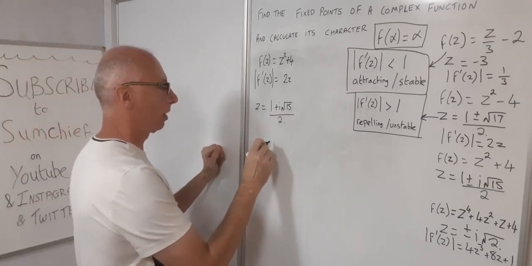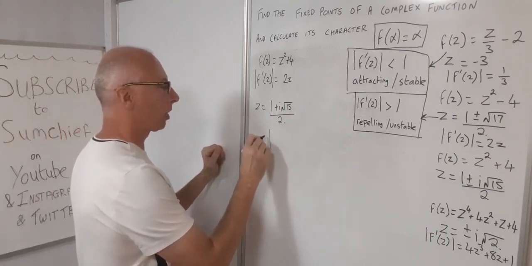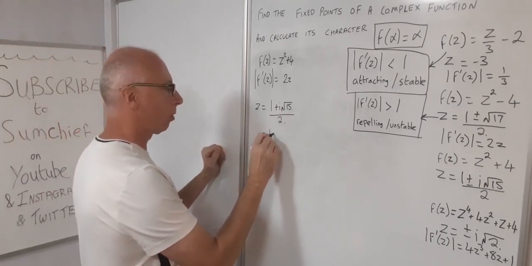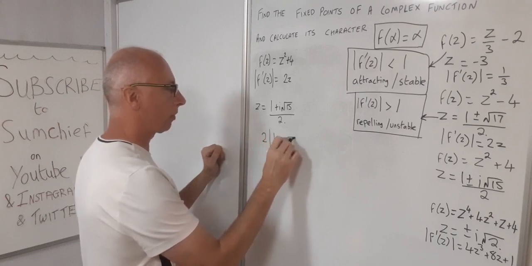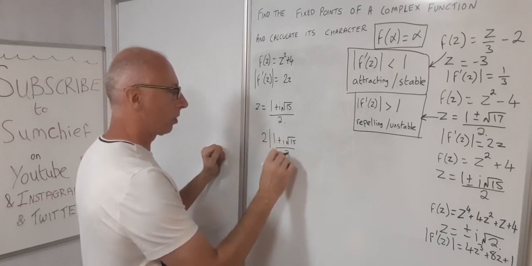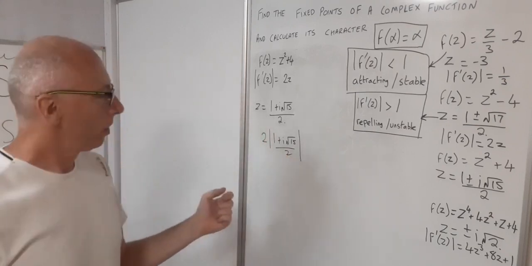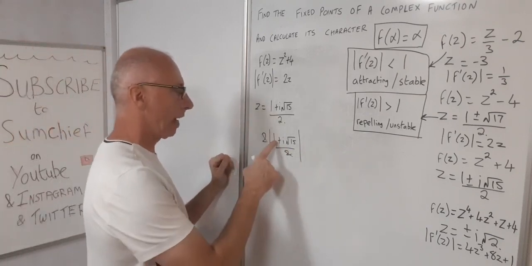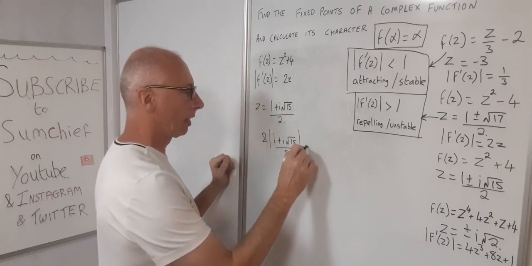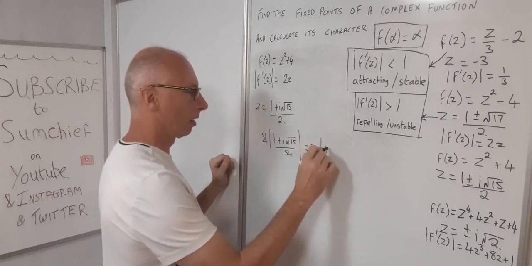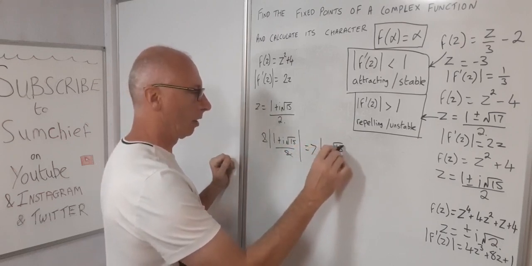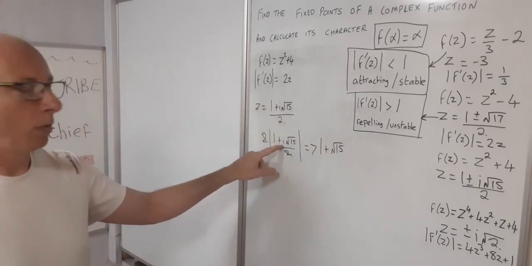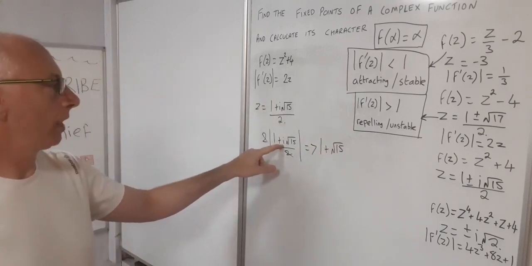So we've got 2 times (1 plus i root 15) over 2. Take the absolute value of that. We can cancel out our 2s, and then we've got 1 plus i root 15, and for that i we can plug in a 1 in terms of absolute value.